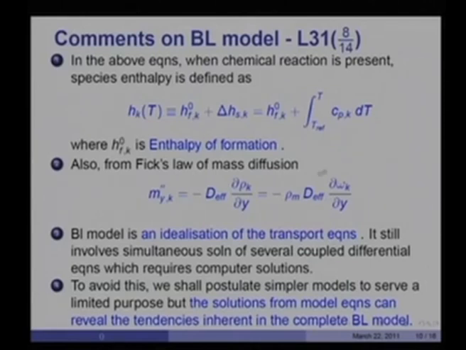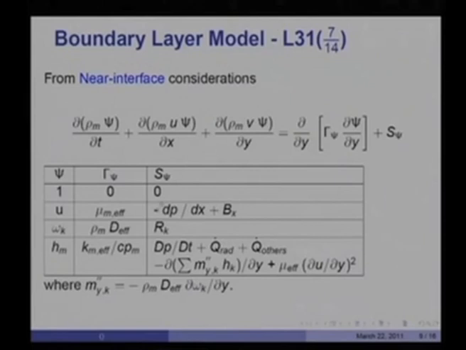Then from Fick's law of mass diffusion, as I said, m double prime y k is simply D effective d rho k by dy, and rho k can be written as rho m into omega k, and that is what I have shown here. Now, the boundary layer flow model itself is an idealization of the transport equation, but it still involves solution of simultaneous equations.